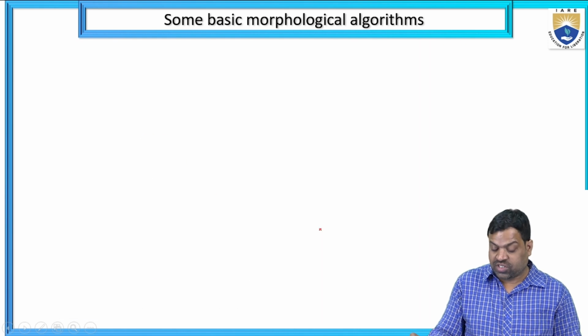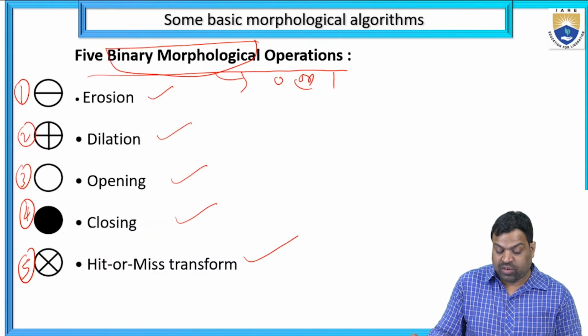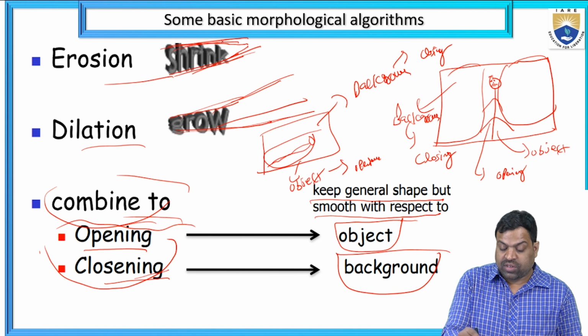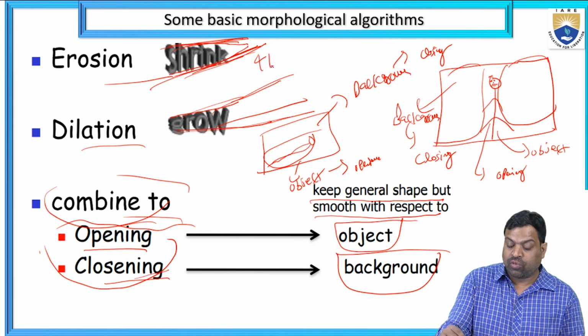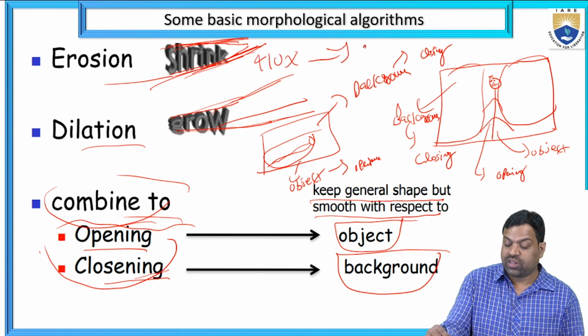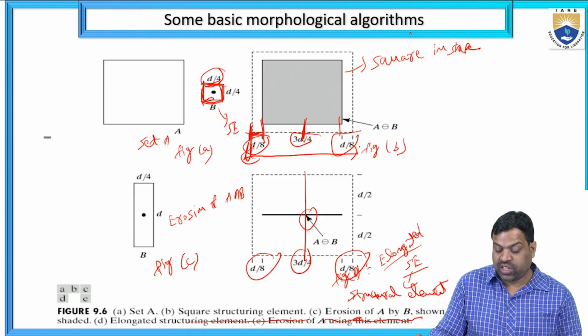So what is the erosion here? The sizes are increasing, from 11 to 15 to 45.